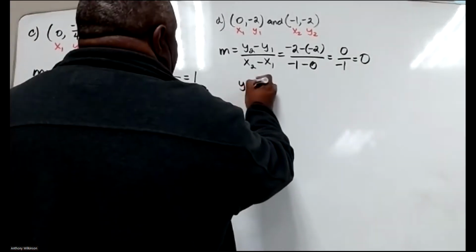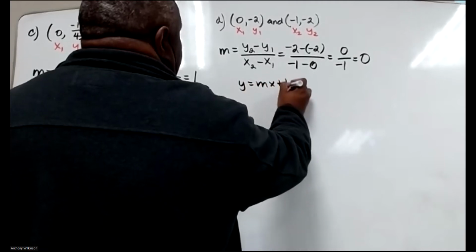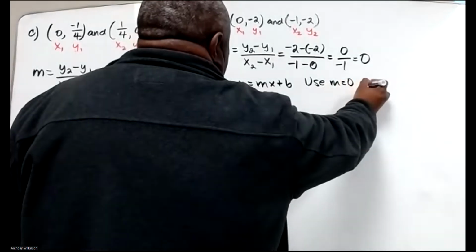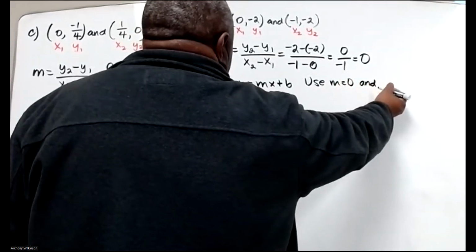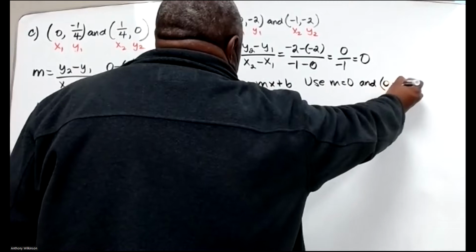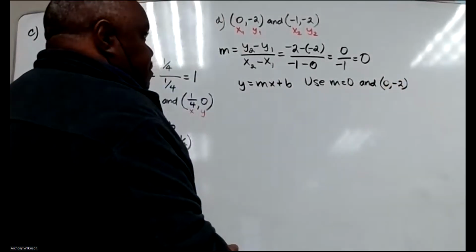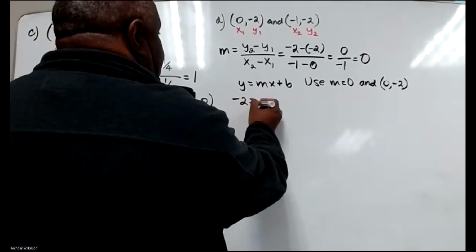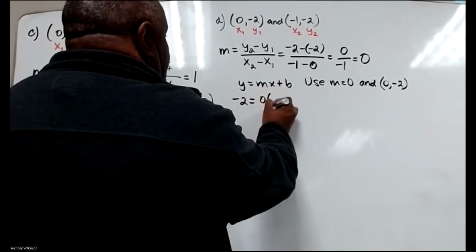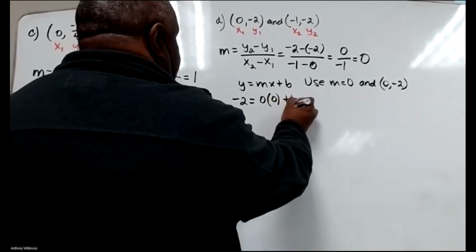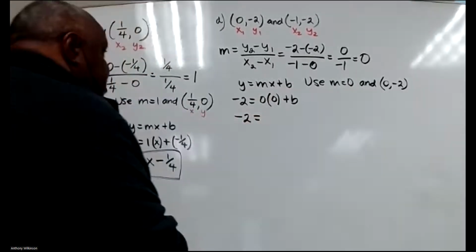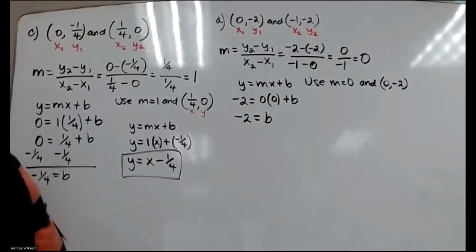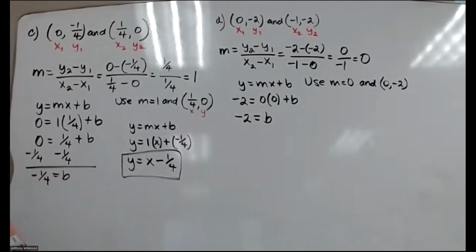Now, of course, we can use y equals mx plus b, and I'm using the slope of 0. I'll go ahead and use (0, -2). So here, y is -2, so that's -2 equals the slope, which is 0, times x, which is 0, plus b. But that's going to be easy. 0 times 0 is 0, plus b. So your b, or your y-intercept, is -2.